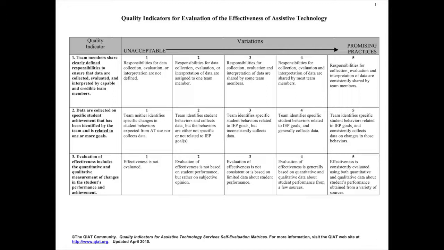And to be a 2 on some of these indicators for evaluation of effectiveness, it means we need to do some work there and figure that out. The idea of 3, which talks about looking at quantitative and qualitative measurements of changes as well, goes back to that idea of what is the data you are collecting?